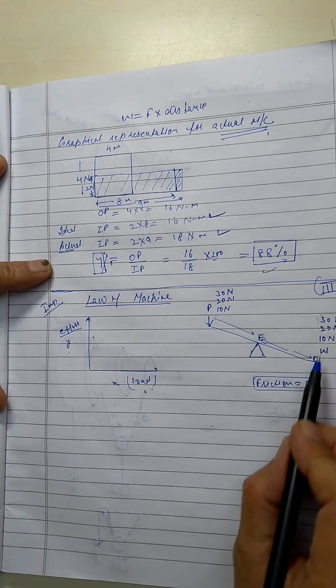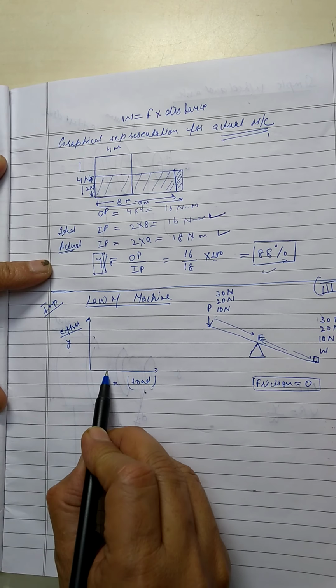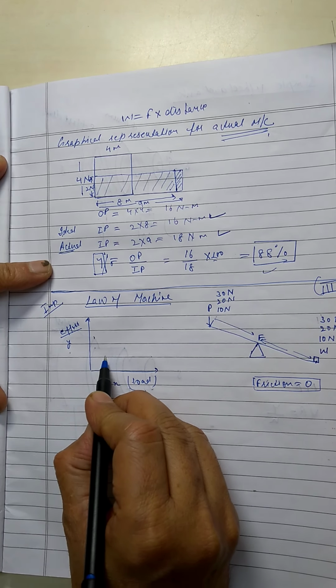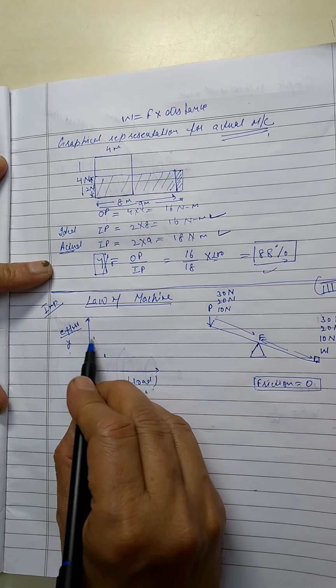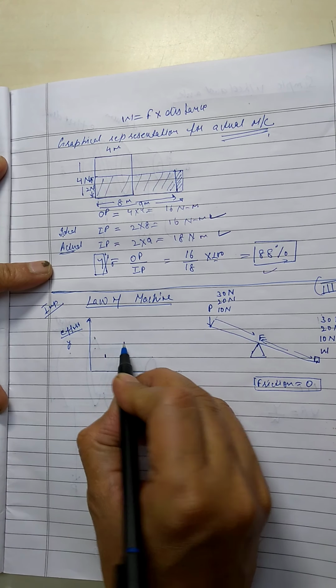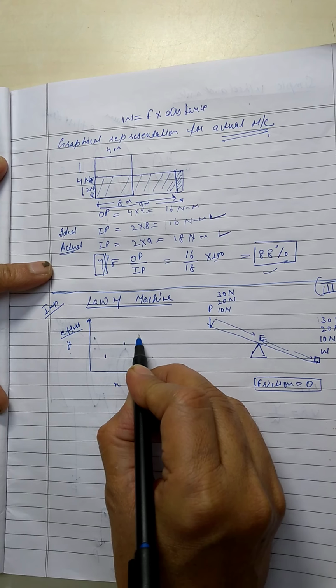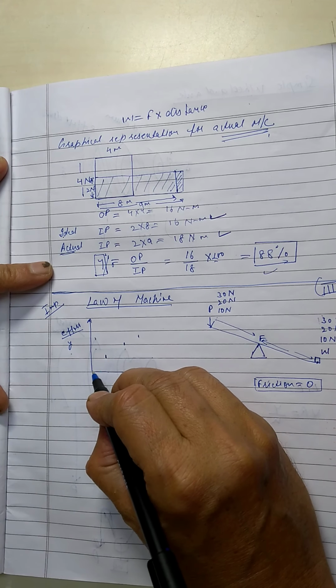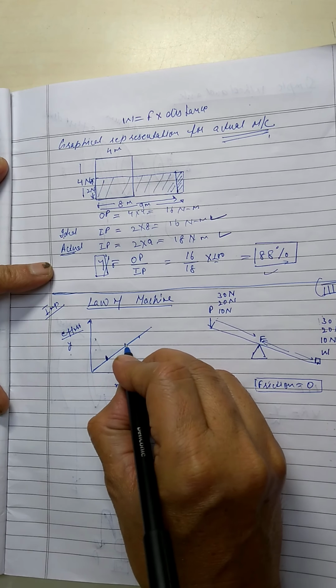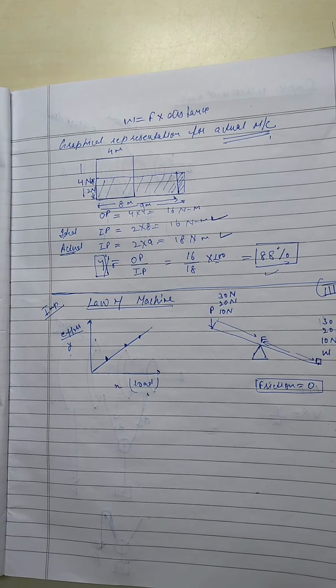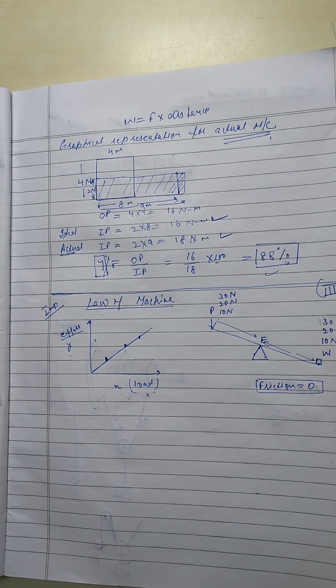When the load is 10, the effort is 10, so this will be the point. Similarly, when load is 20, effort is 20, this will be the second point, and this will be the third point. So our graph comes to be a straight line like this.